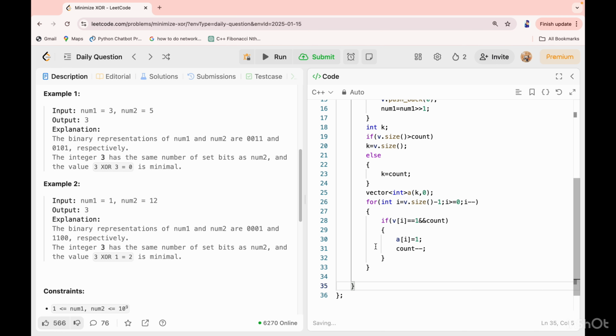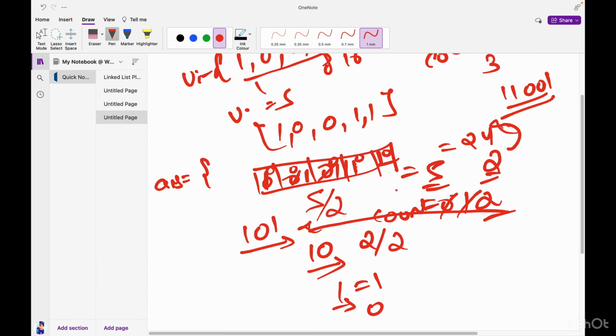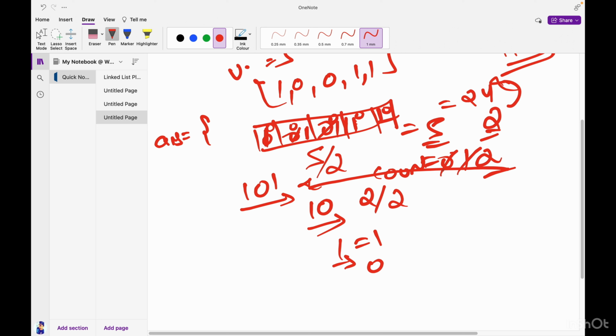Okay, now when this loop will be over, there can be a possibility that count is not finally over. So if count is existing, now why I was taking the max of the value? I was taking the max of the value because the case could be like 5 and 1, so count equals to 2, and here vector was only 1, size is only 1.